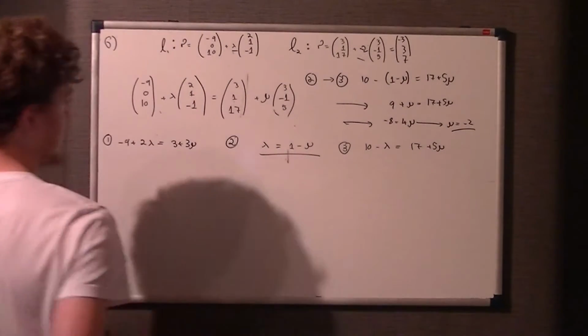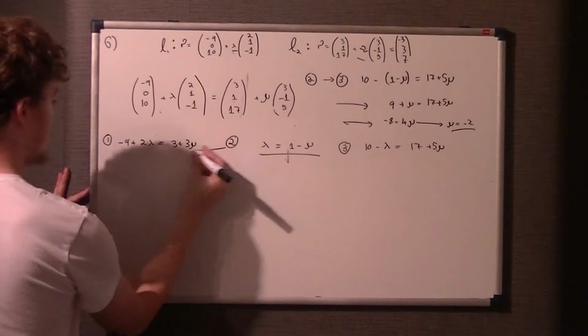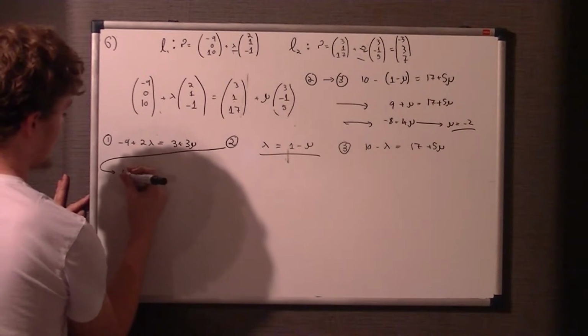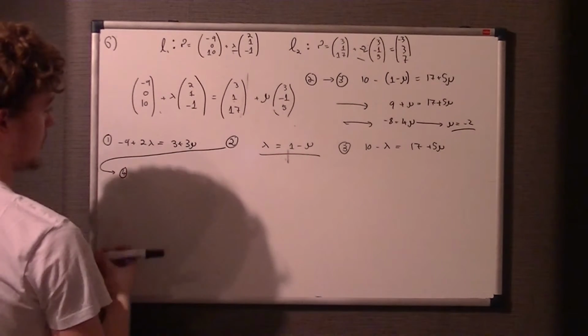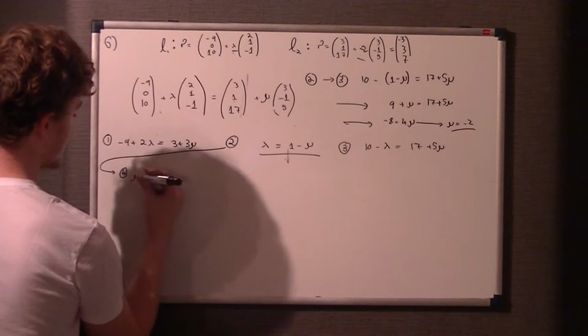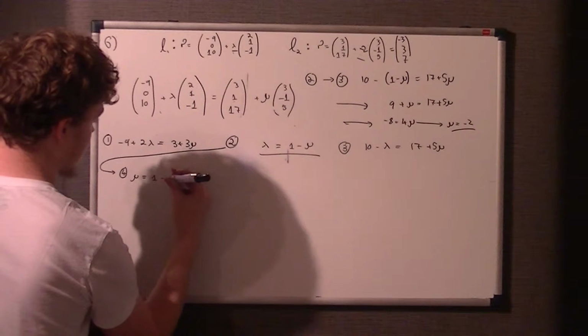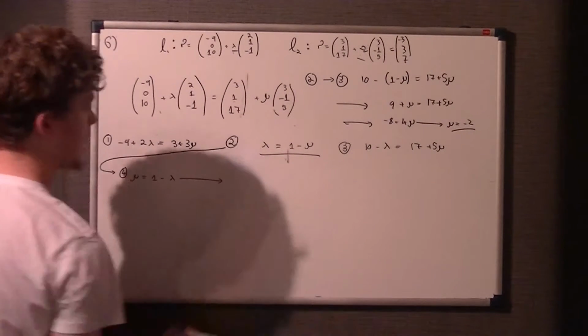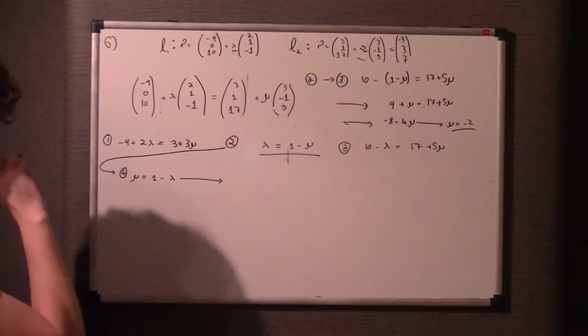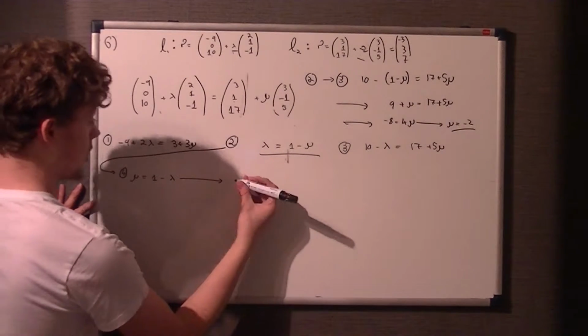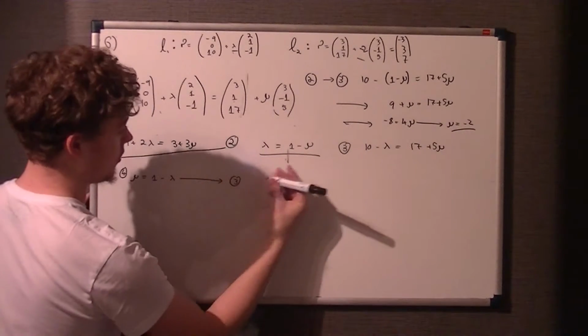Okay, so we know lambda is equal to 1 take mu. So I'm going to come up with a new equation. I'm going to label 4. So equation 4 is just the rearrangement of equation 2 to make mu the subject. So obviously you add mu and take lambda, so mu is equal to 1 take lambda. Okay, and then we're going to sub that into equation 3 again. We can completely ignore equation 1. Okay, so follow the same kind of principle.